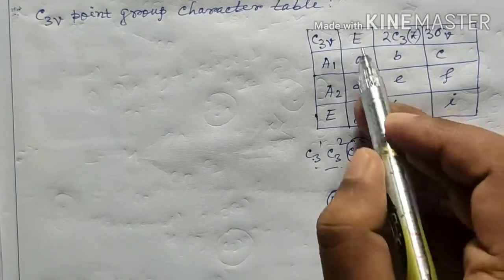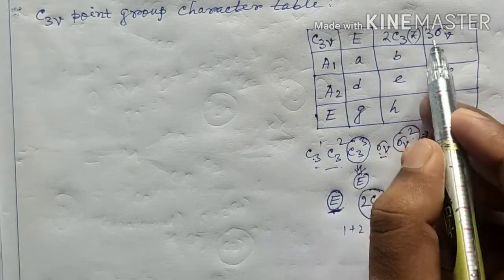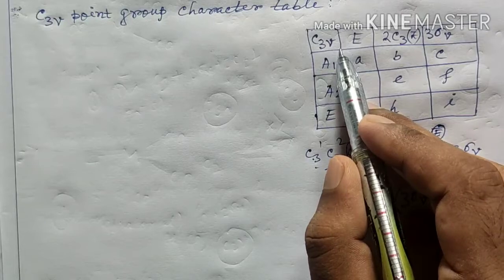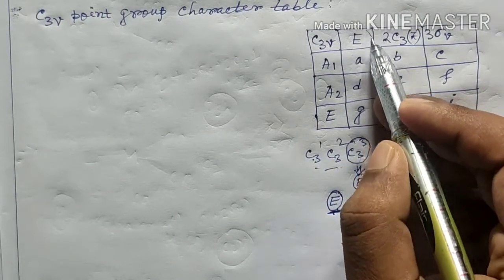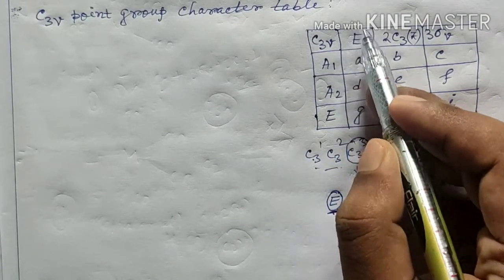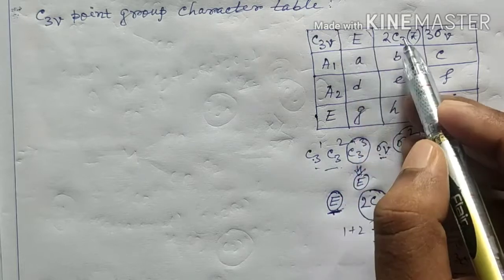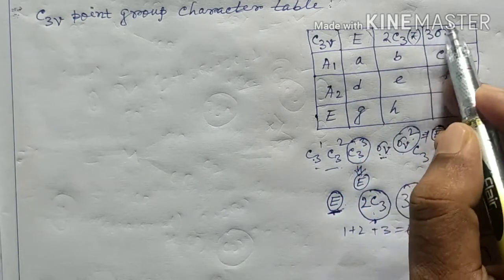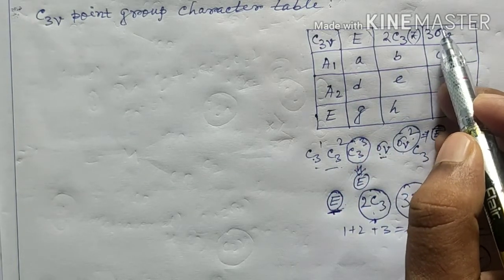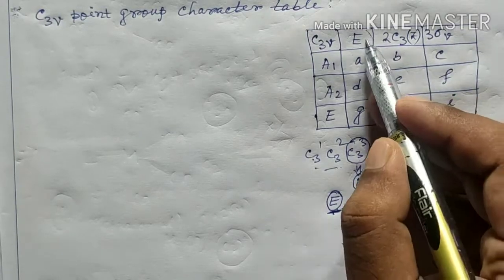Is it okay? 1 and 2, 3 and 3, 6. 6 is the order of the C3V point group, and each different symmetry element, that is, one is identity, another is C3 and the last one is sigma V, corresponds to a different class. That is, there are 3 classes for C3V operations. Class is equal to 3. Is it clear?